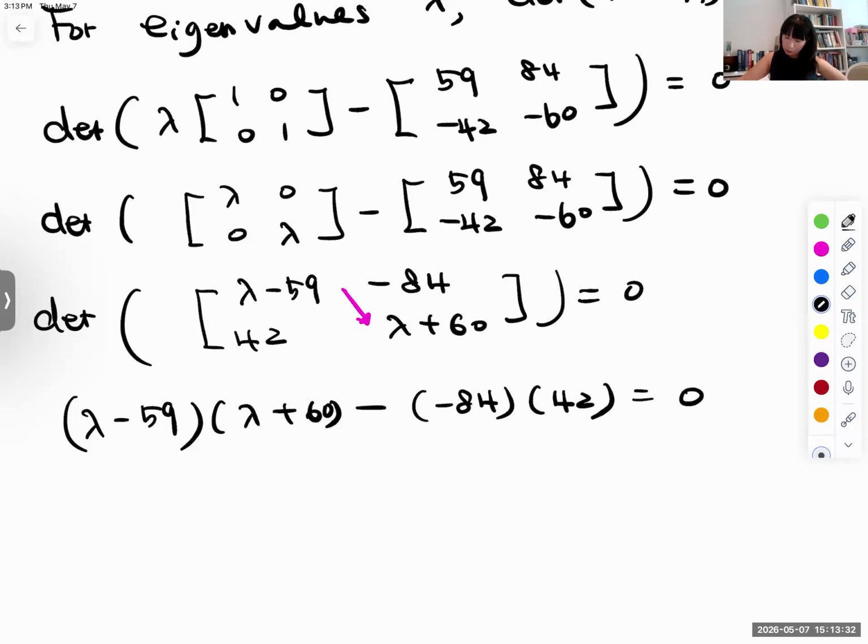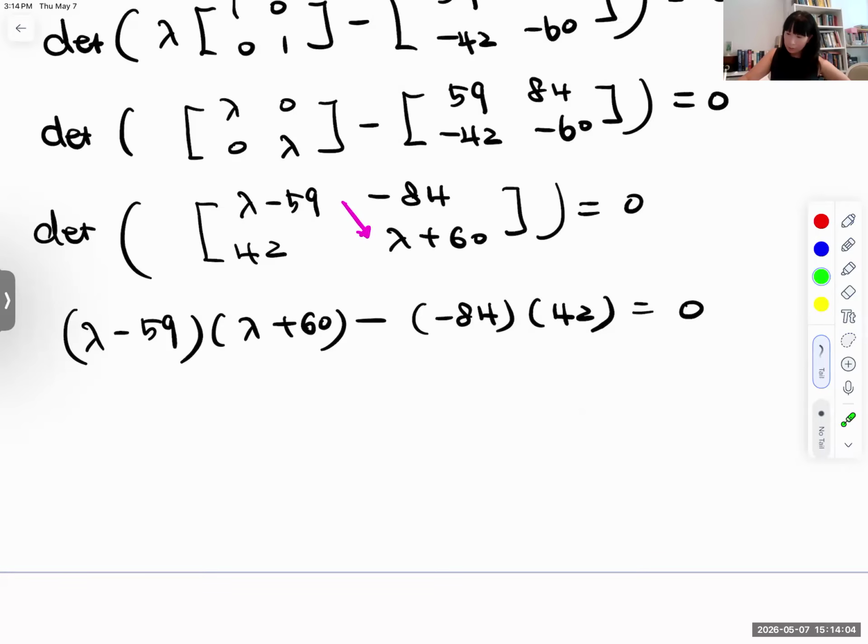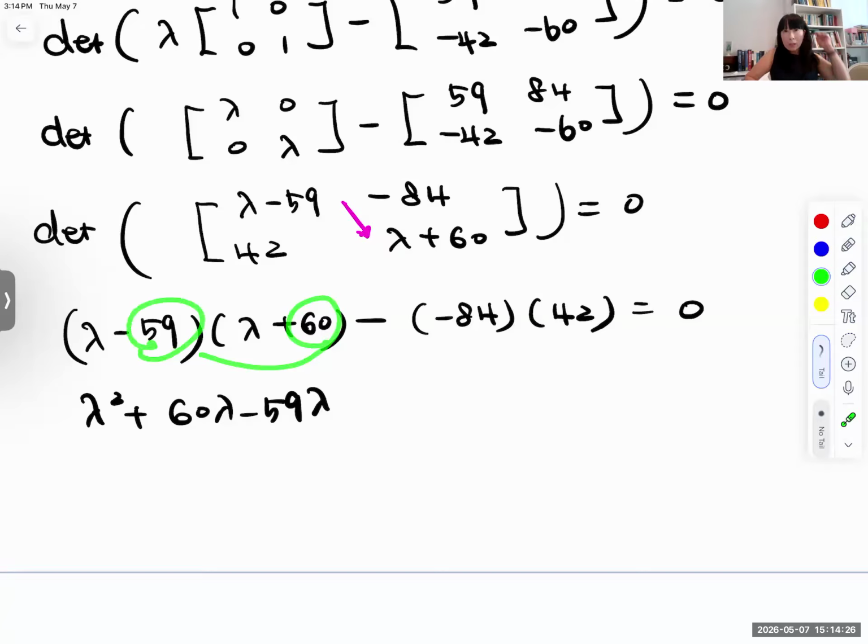So we distribute. Lambda squared, and then positive 60 lambda and negative 59 lambda, and the constant is negative 3,540.